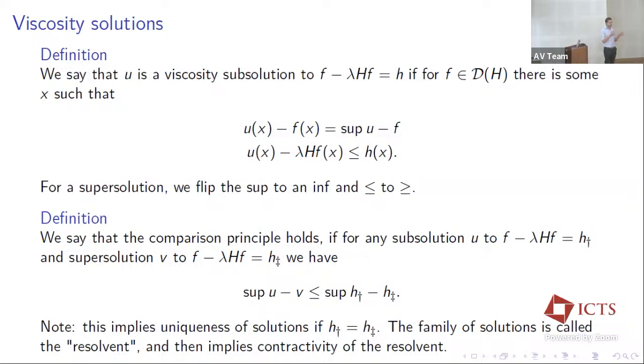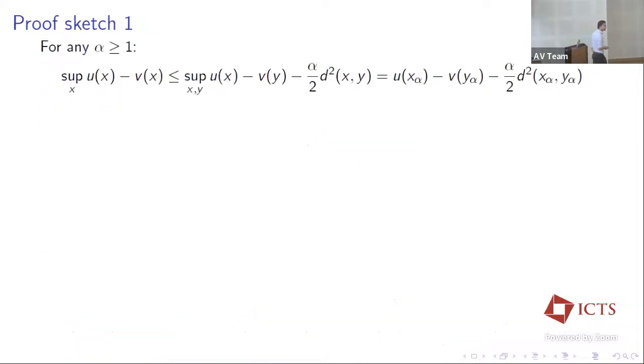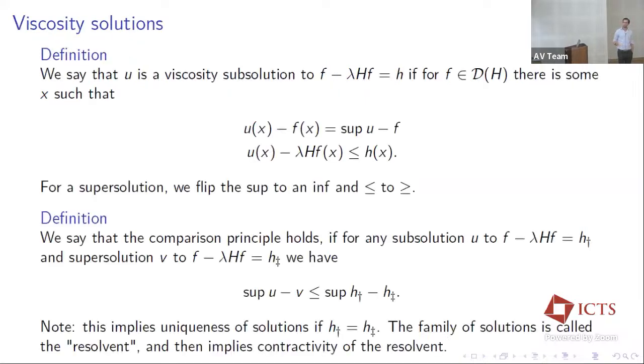I assume that most of you probably have never seen something like this. So let's go very slowly. So I want to estimate this difference. So that's where I'm going to start. But what do I want to do? I want to compare my subsolution to a solution that is, well, in this case, smooth.